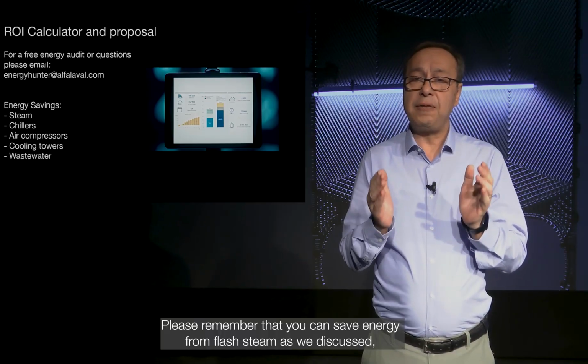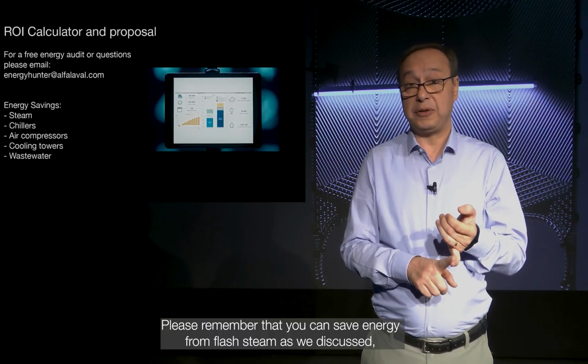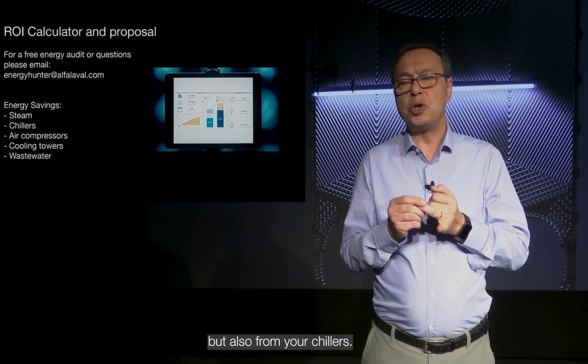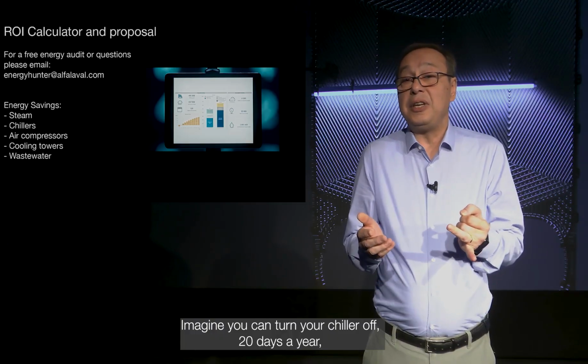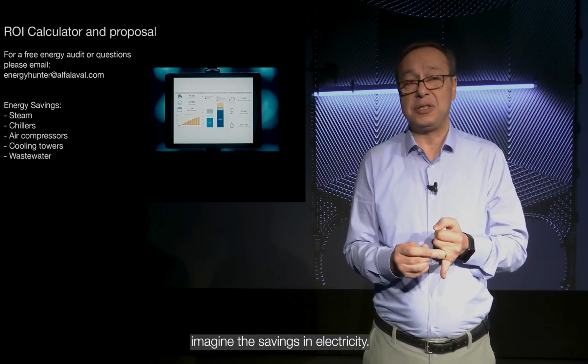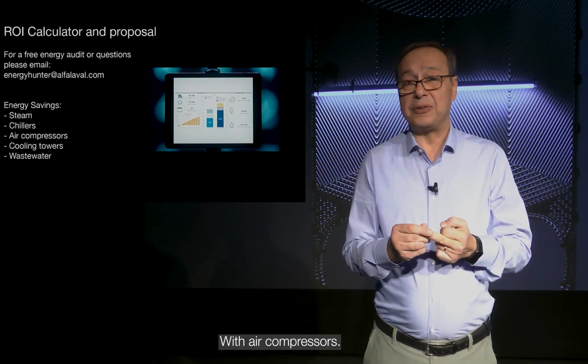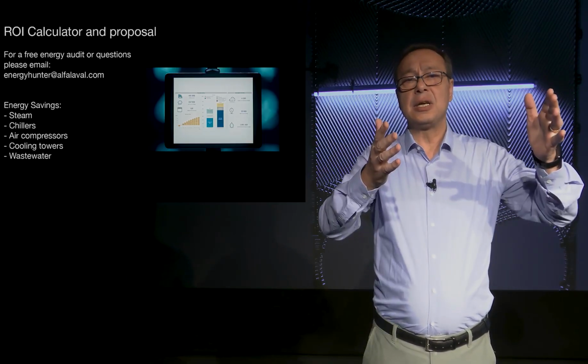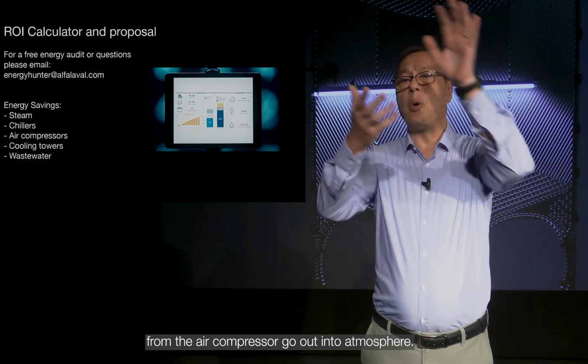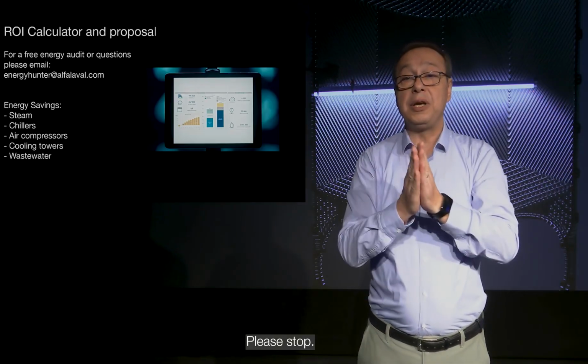Please remember that you can save energy from flash steam, as we discussed, but also from your chillers. Imagine you can turn your chiller off 20 days a year. Imagine the savings in electricity. With air compressors, we see so many that are just letting the heat from the air compressor go out into the atmosphere. Please stop.